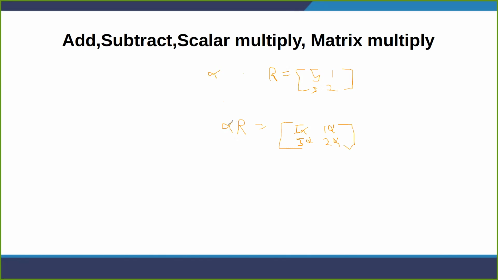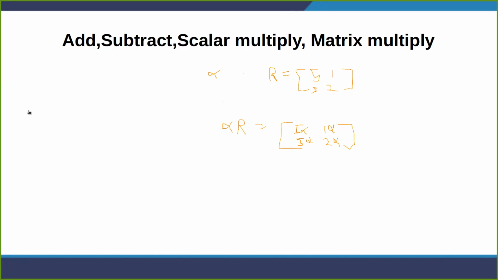Think of this alpha as a volume button. If the alpha value is greater, the volume will be up. If the volume is lesser, then alpha's value is also lesser. So vice versa. You can say this is the scaling thing. That's why we say scalar multiplier. We scale the matrices through this kind of operation.